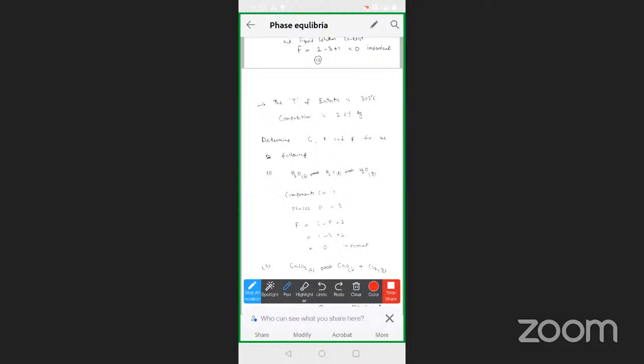So the water system, which is in equilibrium. The components are 1, phases are 3. For this equilibrium, F will be 0. That is invariable.